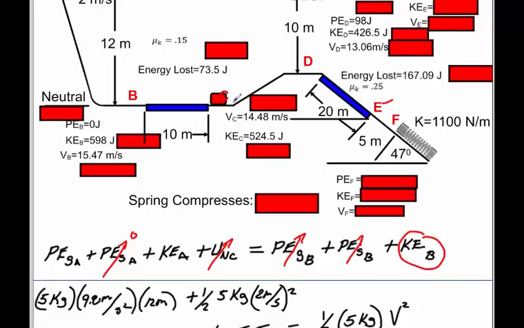To do that, I take the 20 and multiply it by the sine of 47 degrees. 20 times the sine of 47 is 14.62, coming off of D. I subtract 2 because the difference between the 10 and 12 is 2. That gives me the vertical distance from B, the neutral axis, back down to E: 12.62, and it's negative.